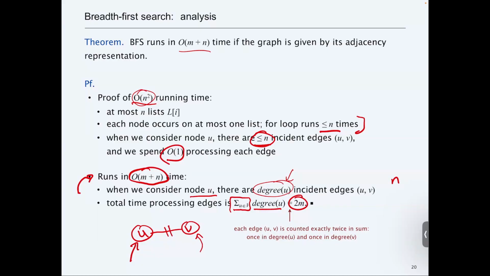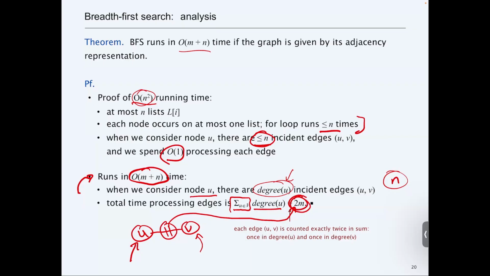So you're processing every edge twice. So this 2 is contributing to this. And m is simply the number of edges that are in your graph. So the total runtime is n plus 2m, which is essentially big O of n plus m.